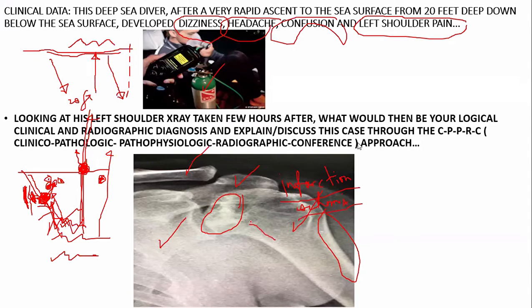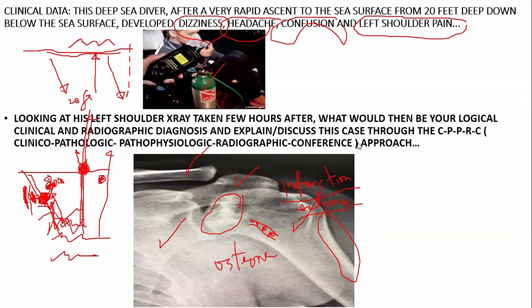It's simply because from the capillaries that should have been supplying blood to this area, we're having bubbles. The bubbles were blocking the circulation, so you produce infarction. We call this osteonecrosis, meaning death; necrosis means death.